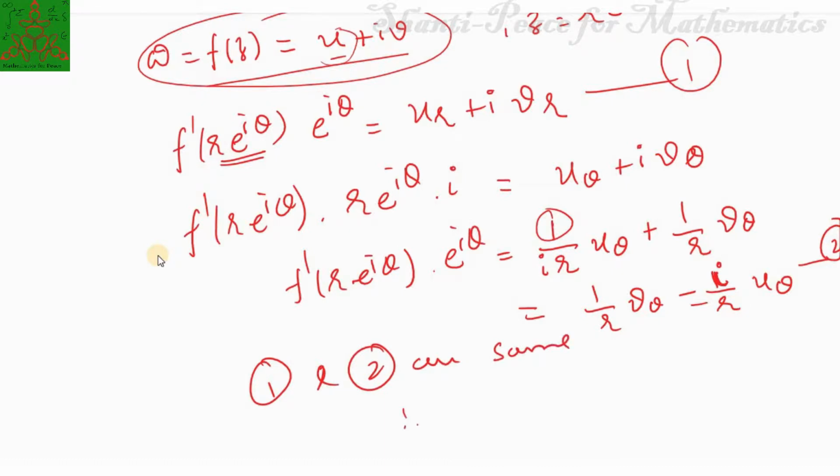So if you compare the real and imaginary parts, you will have ur is equal to 1 upon r v theta and vr equal to minus 1 upon r u theta. That completes the proof in another manner, and which also tells you what will be the value of f dash of z.